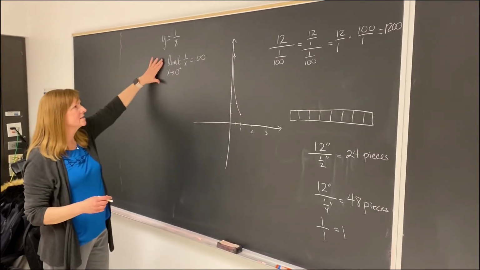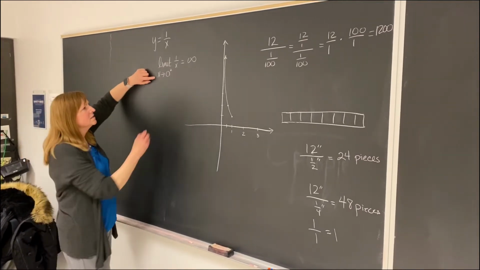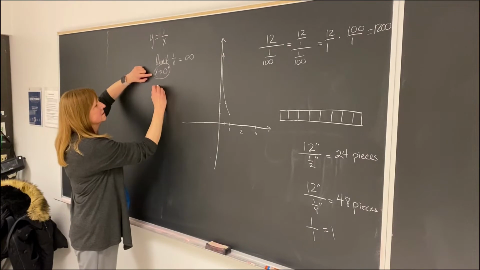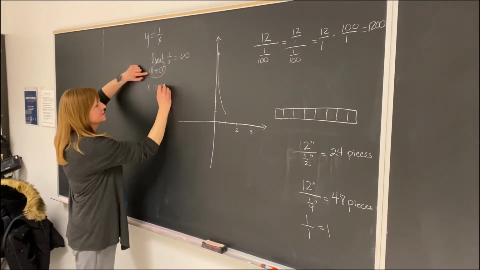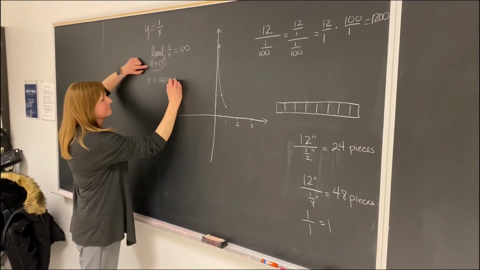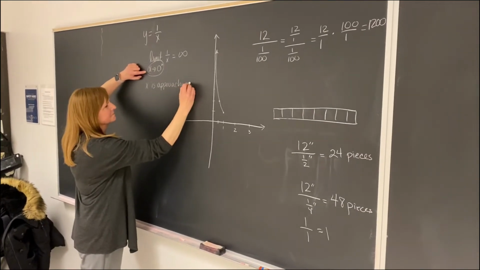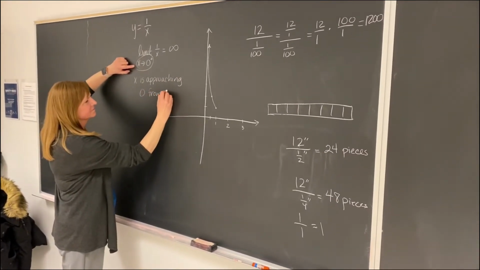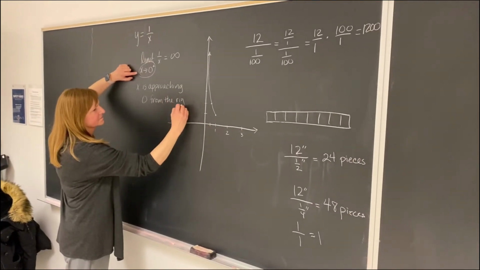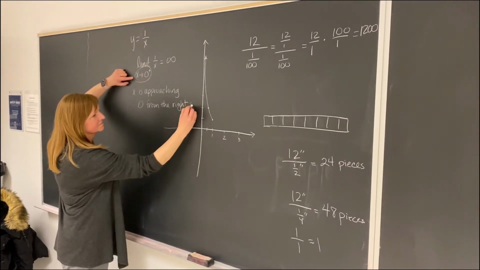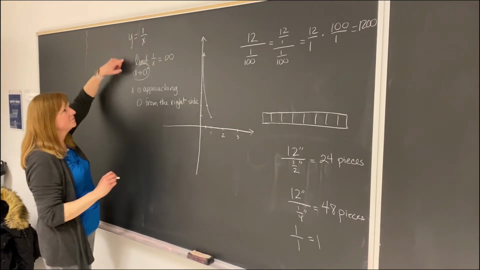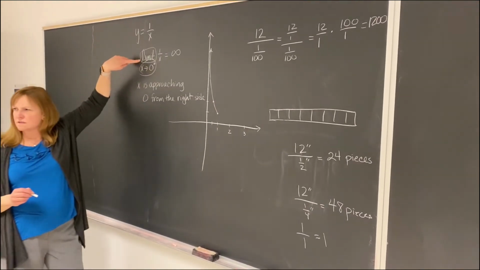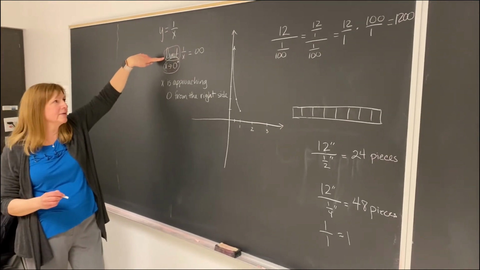So let's dissect this a little bit. So this part means x is approaching 0 from the right. And this is our word we use for when things are approaching things, is limit.